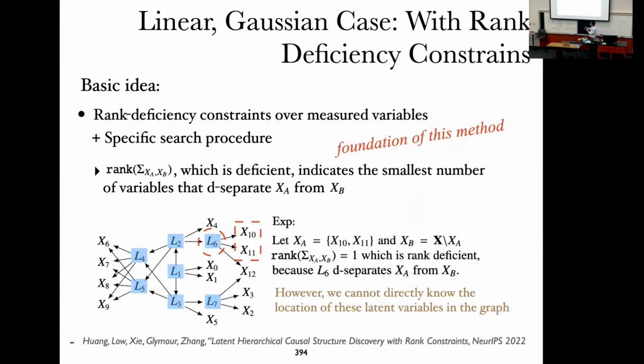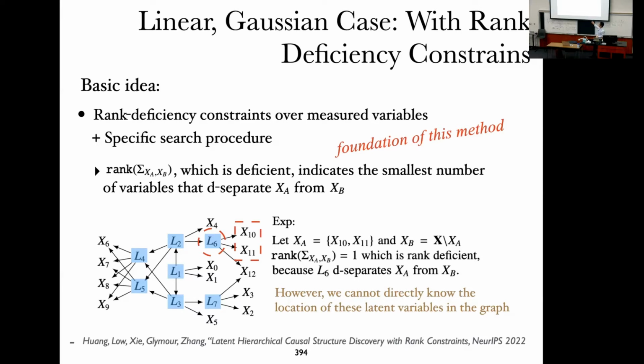It's the covariance between X10, X11, and the rest. Then the rank will be 1. Think about it. This way, with some specific procedure, you can determine whether you have latent confounders and where they are.